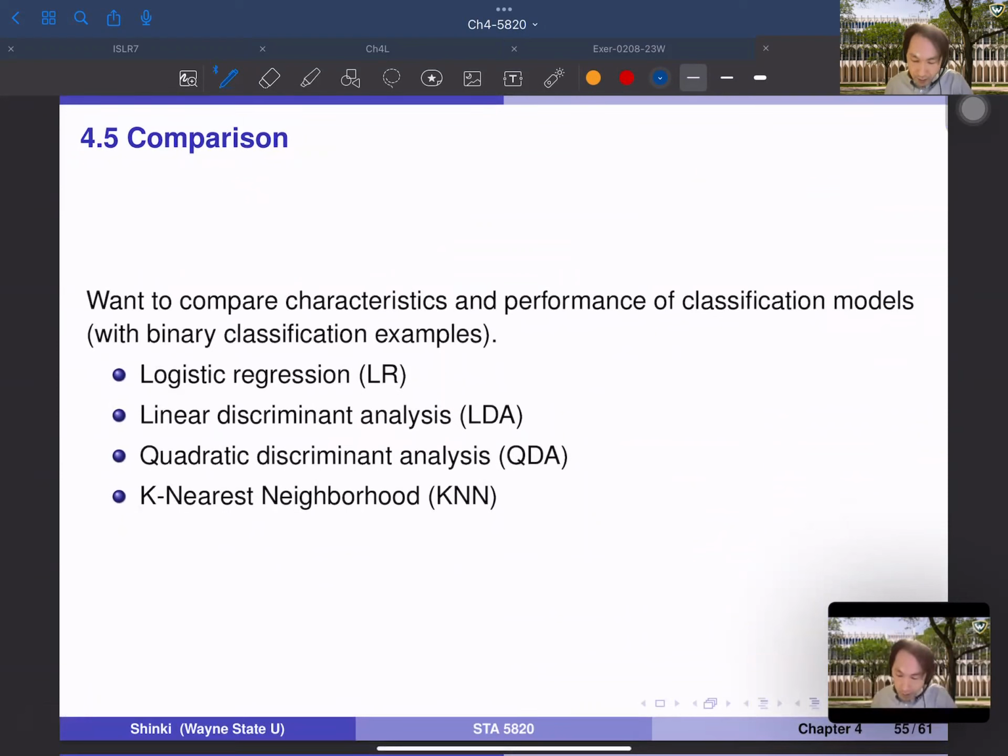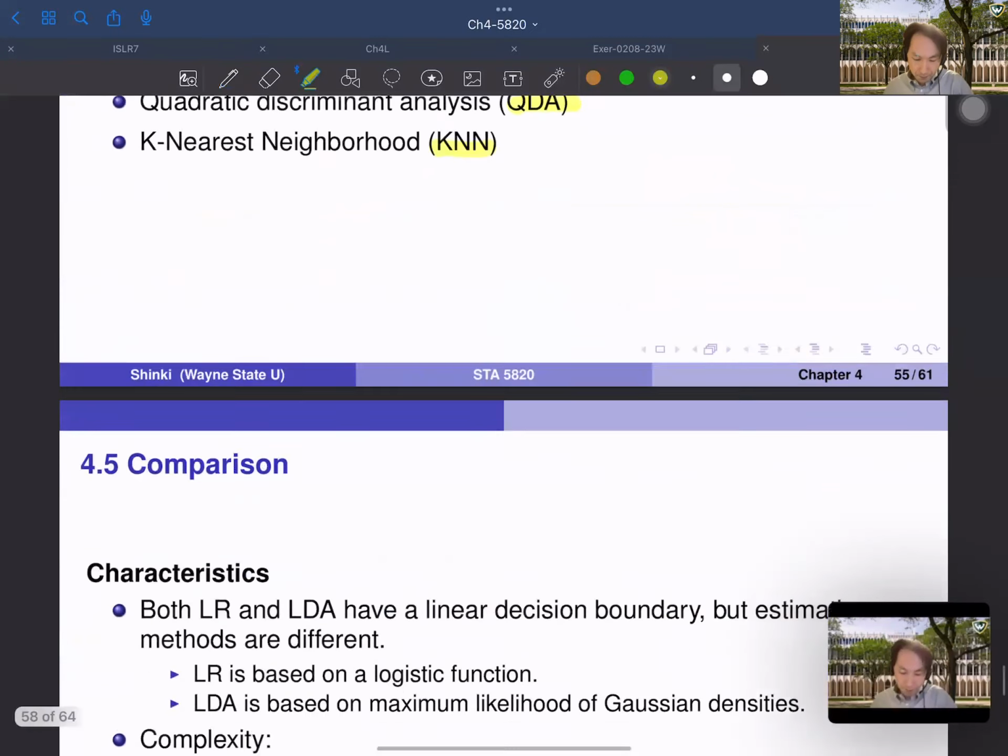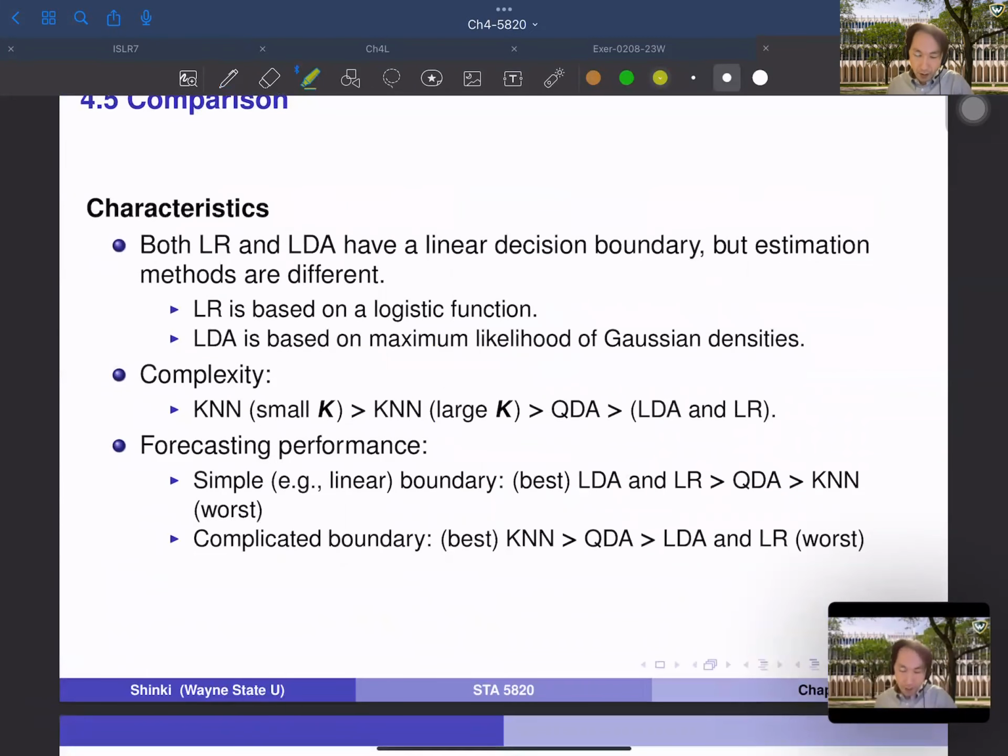Okay, so this is another, more comprehensive simulation study to compare logistic regression, LDA, QDA, and KNN. At first, there's some qualitative analysis.